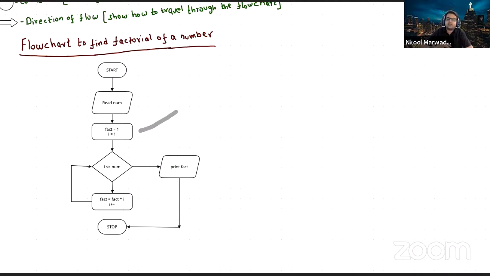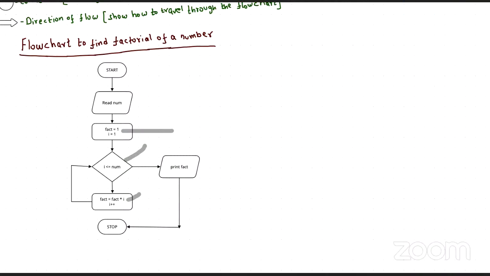Then we check that i, the iterator, should be less than or equal to the number. And then I multiply fact with i. Fact is 1, i is 1 initially. Then i plus plus makes it 2, and once again I check whether 2 is less than or equal to num. If so, fact is equal to fact into i, and I keep on doing this.